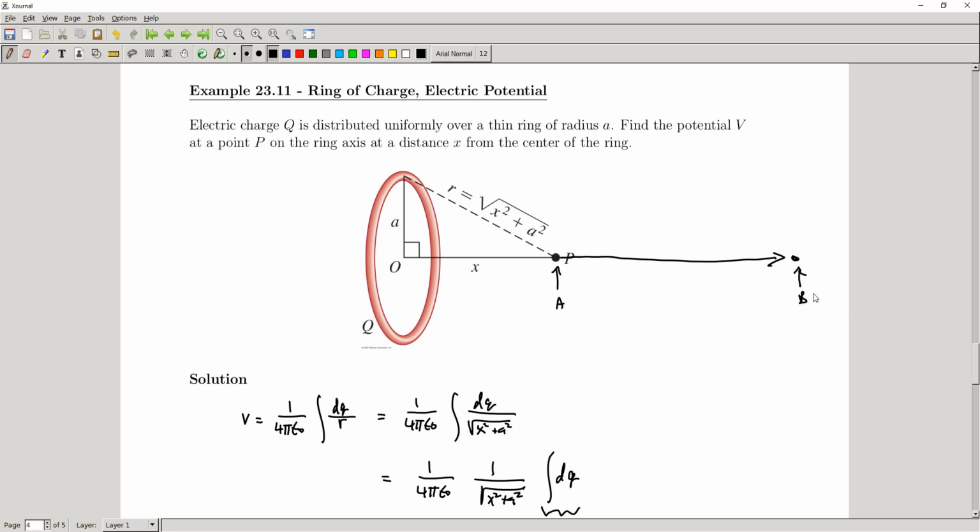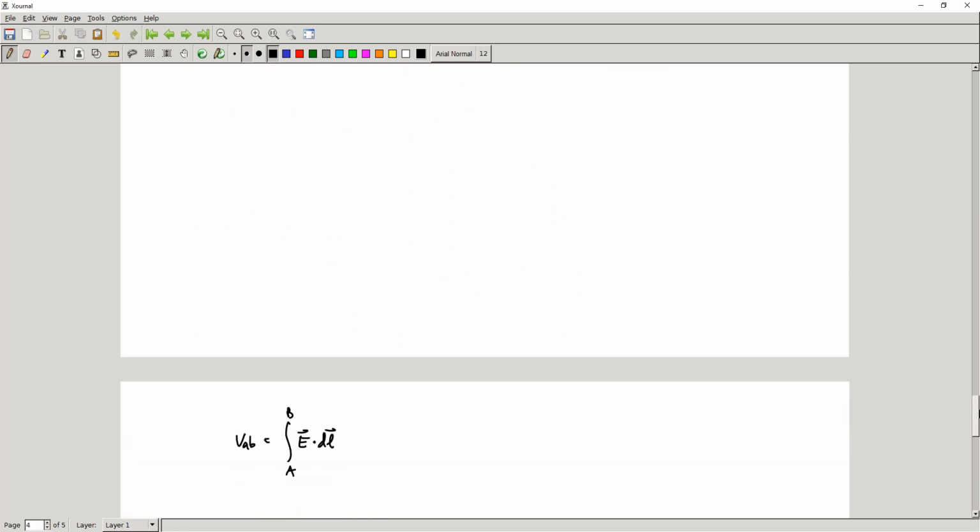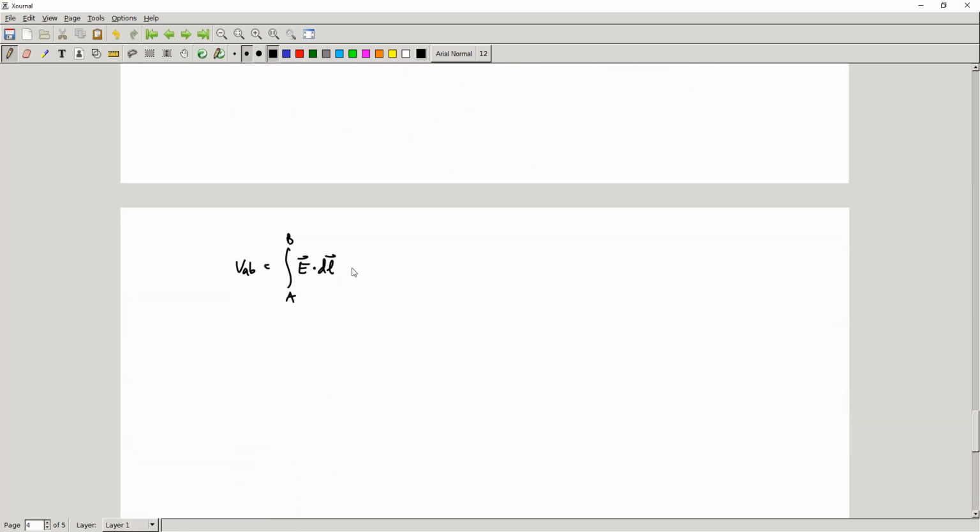So as we're integrating over all these little chunks of line, what direction are those pointing in? Well, they're again only going to be pointing in the direction of this axis, and because of that, E is always parallel to dl, and so this simplifies our integral a bunch.